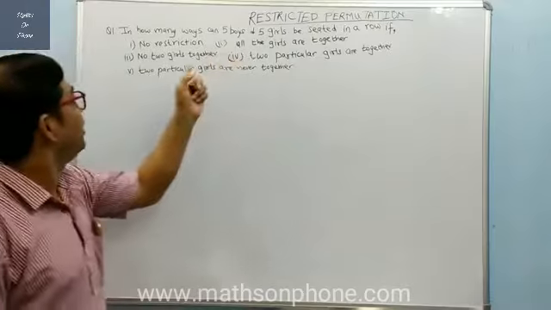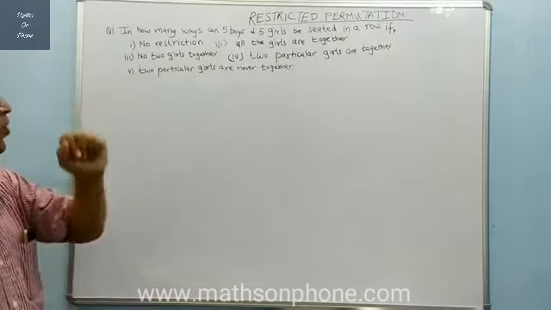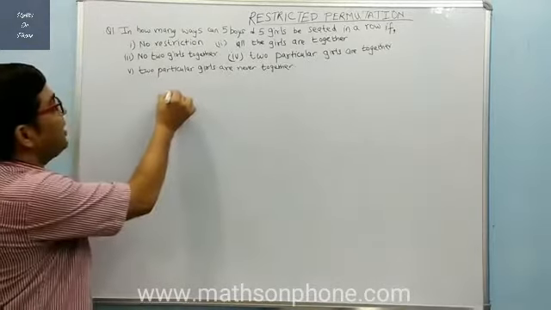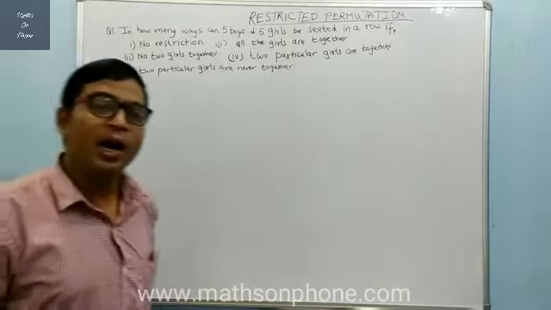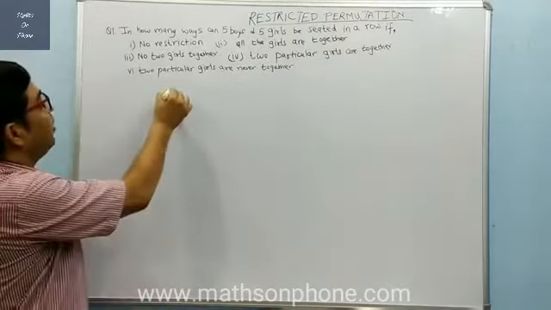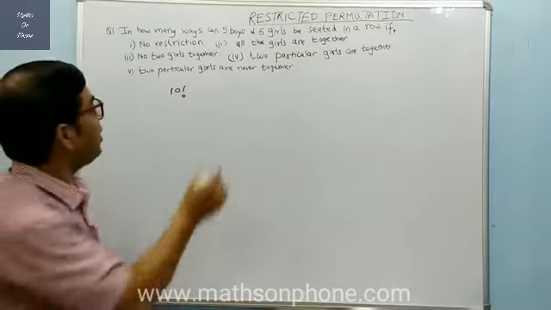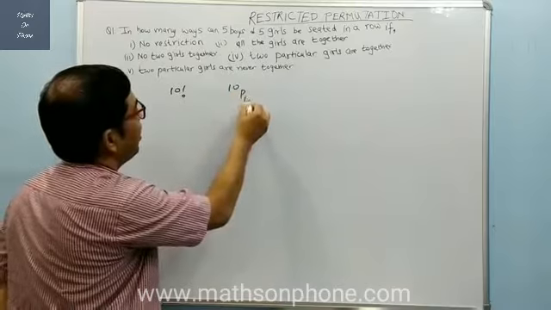See, in the first question, in how many ways can 5 boys and 5 girls be seated in a row if no restriction is there? You see here 10 students are there, and they can be seated in a row in 10 factorial ways. How is this coming 10 factorial? Because it is 10P10.